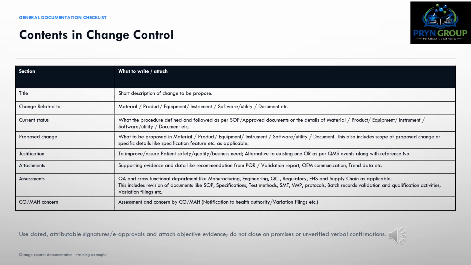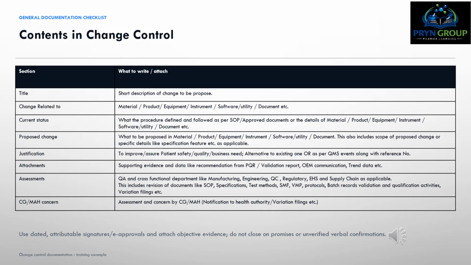First QA will assess the received change for the impact. Then if any other cross-functional department is affected, the change control shall be forwarded to all the cross-functional teams for assessment and their comments, like manufacturing department, engineering department, QC department, regulatory, EHS, supply chain as applicable.